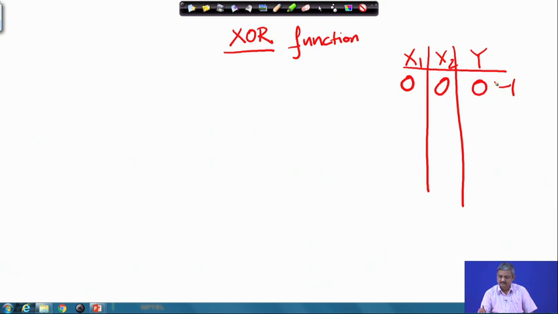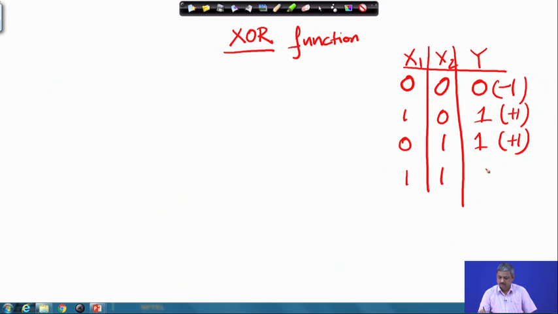Let me call 0 as -1. It is a classification problem. So 1 1 gives XOR 0.